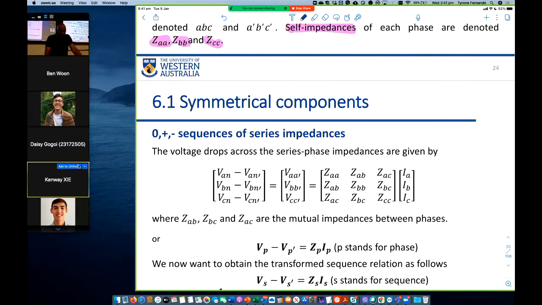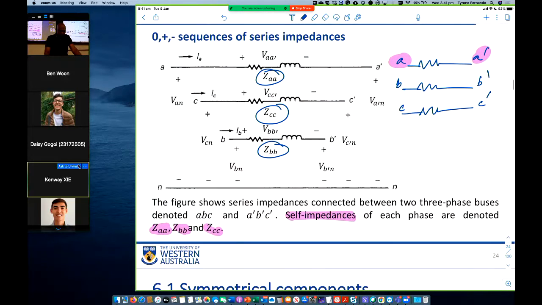So we can write the voltage drop between point A and A dash, VAN minus VA dash N. So A is on the left hand side, A dash is on the right hand side. Same with B and C on the left hand side, B dash and C dash on the right hand side.